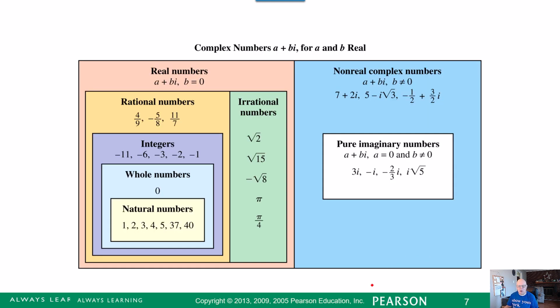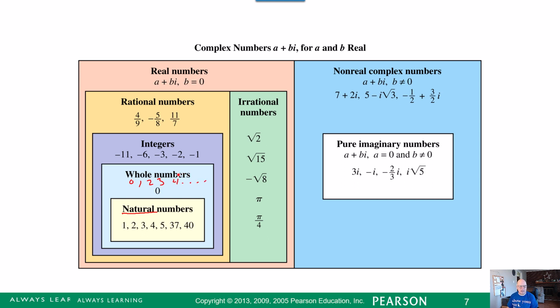This is a visual representation of how all the numbers go. So down here we have the natural numbers, that's counting numbers, 1, 2, 3, 4, 5, and so on. This is just a sample. Whole numbers are all the natural numbers and 0. So that's 0, 1, 2, 3, 4, and so on.